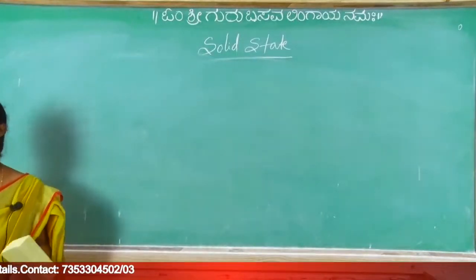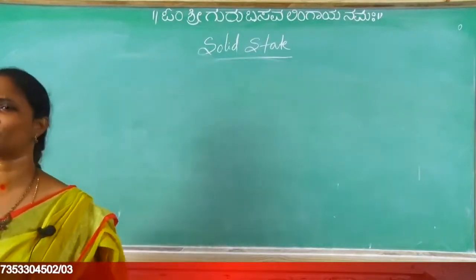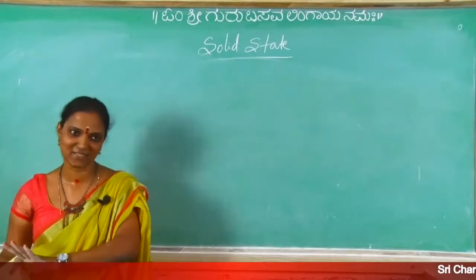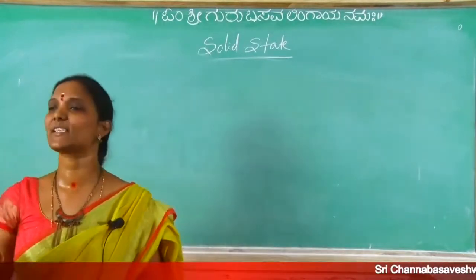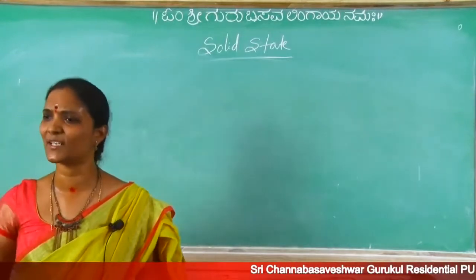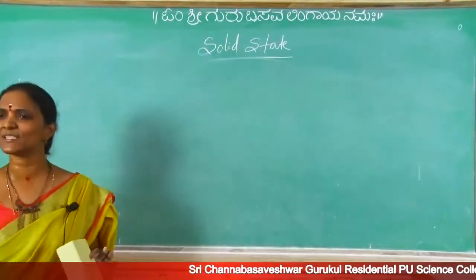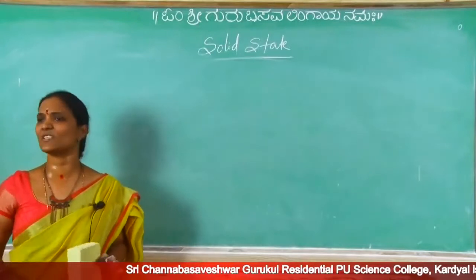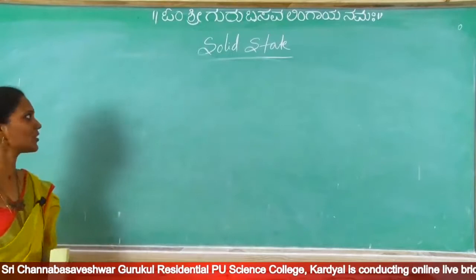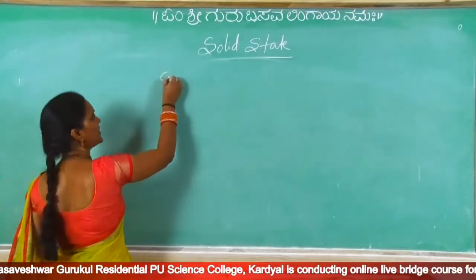In the full chapter, the first is the types of solids: 2 types, crystalline solids and amorphous solids. The second is the types of crystalline solids, because true solids are crystalline only. So in the full chapter we are going to discuss only crystalline solids, not amorphous, just for general knowledge only. Now, what are the different types of crystalline solids?